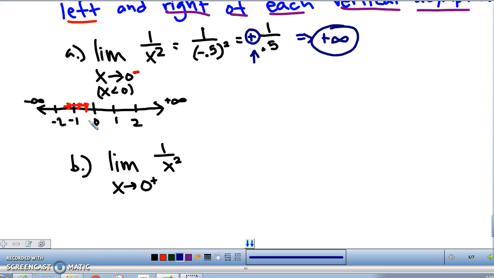Okay, so I'm going to take a look at this number line again. Now, if I'm approaching 0 from the positive side, I'm approaching 0 from 2, 1.5, 1, 1/2. Okay, I'm approaching it from the right side. Therefore, I'm talking about x values that are greater than 0.